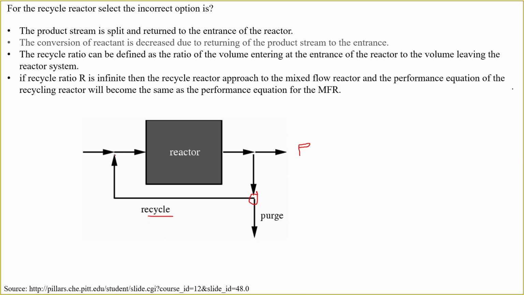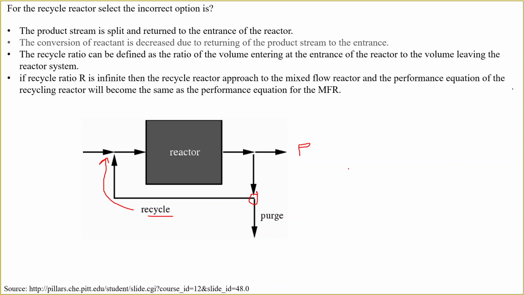This recycle stream is again sent back to the reactor. This is usually done to increase the conversion and the product yield. Since any unreacted reactants left over can be recycled back inside the reactor, the reaction can continue.